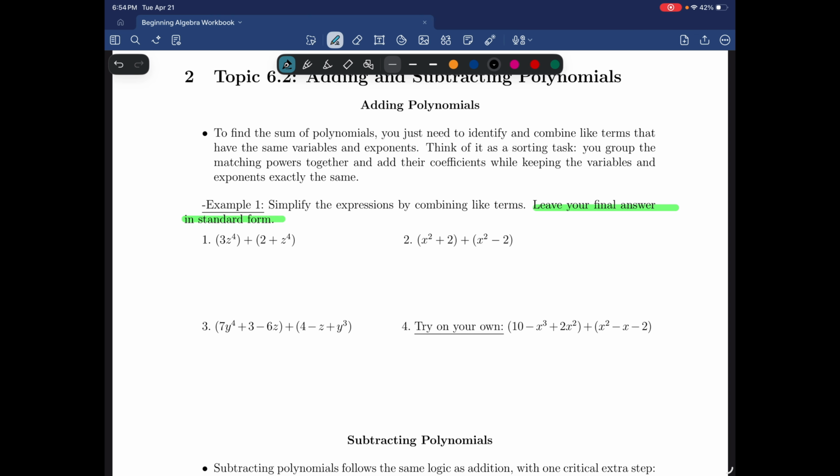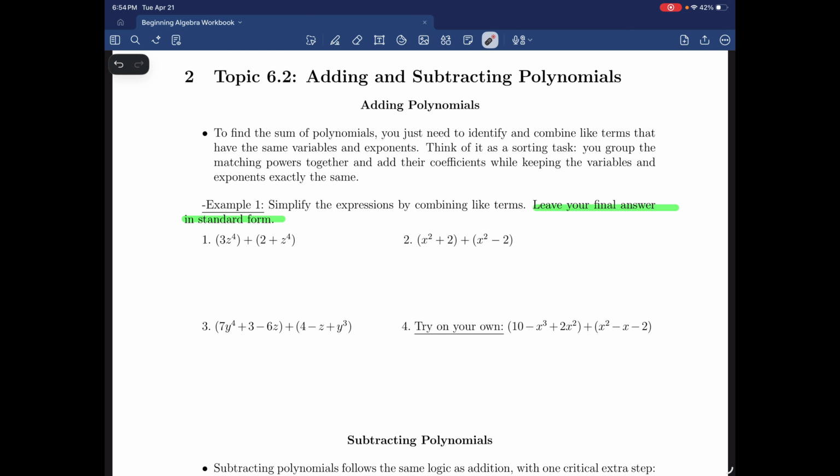Taking a look at example 1, we have 3z to the 4th power plus 2, plus 4 plus 2, plus z to the 4th power. Looking at our terms, for this first term we have 3z to the 4th power.